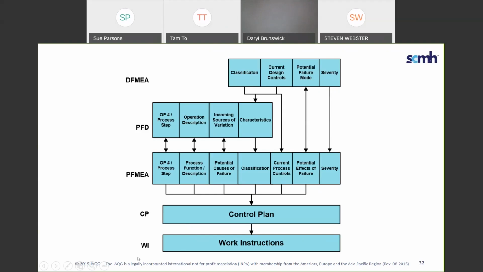And these forms are there for the product life cycle. So we're not just talking about creating a DFMEA, a process flow, and a PFMEA because somebody asked us to and checking that box.